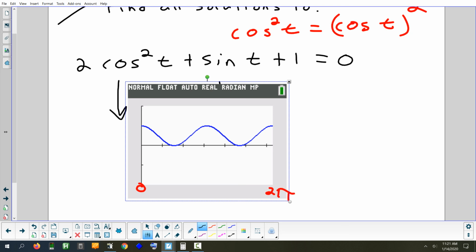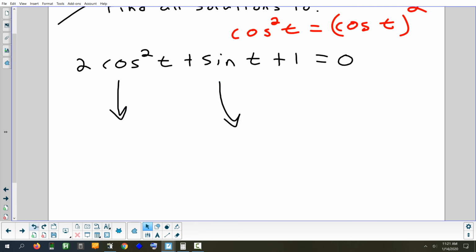How many cycles do you think you're seeing on the screen? 2. Starting at the highest, down, you're back to the highest. That's 1. Starting at the highest, down, back to the highest. That's 2. So if you're seeing 2 cycles from 0 to 2 pi, that means 1 cycle is how long? Pi. So now we know the period of cosine squared. It's pi.